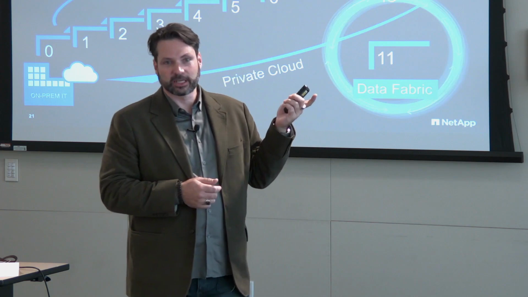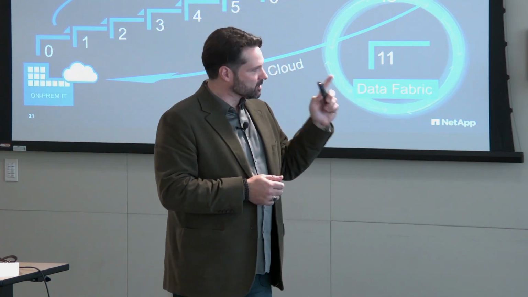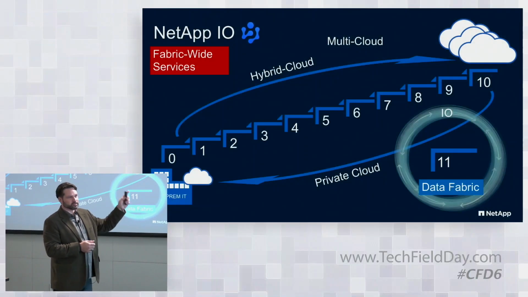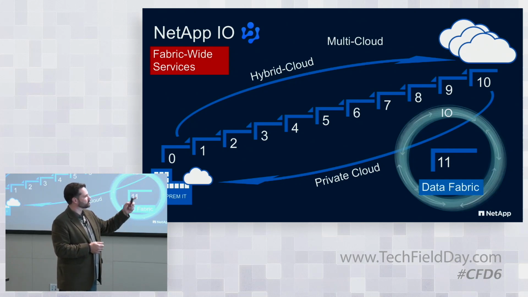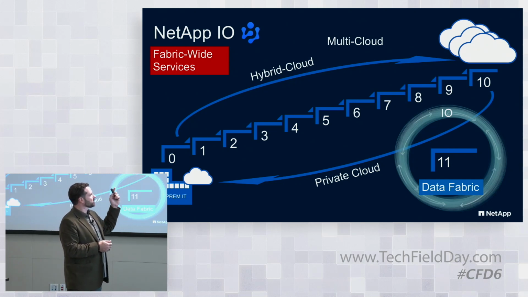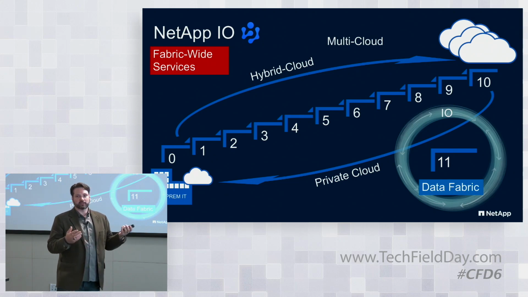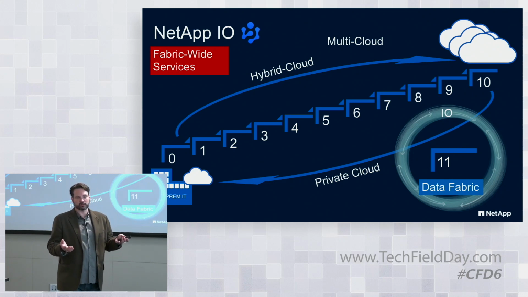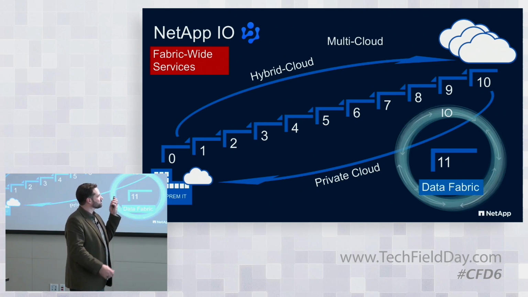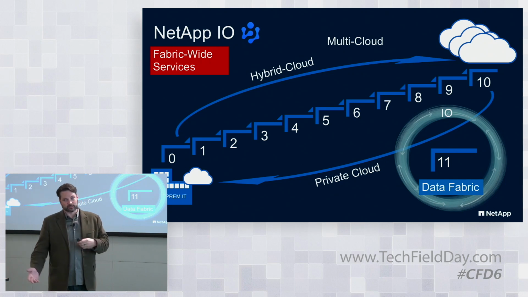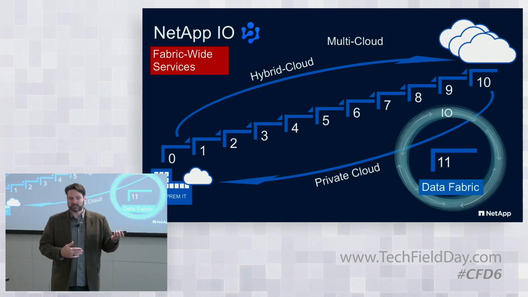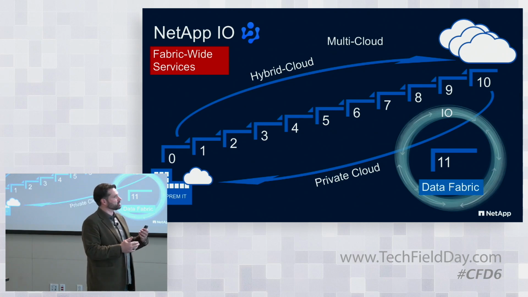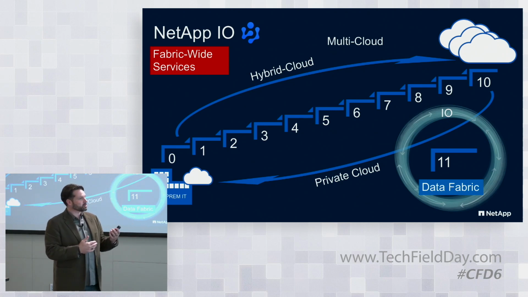So step 11 is essentially helping customers move not only to a multi-cloud, but taking them to a whole data fabric, and coining the term that we're creating fabric-wide services. So we're wrapping multi-cloud capabilities into a customer's data fabric and giving the ability via NetApp IO to enable fabric-wide services with data movement and flows and policies, which I'll get into about how the orchestrator and NetApp IO does that kind of work.